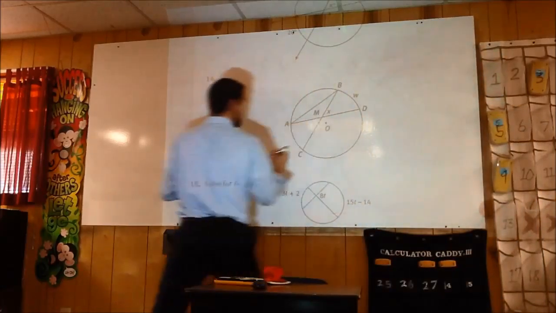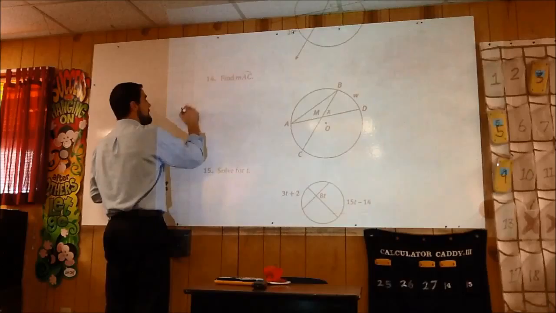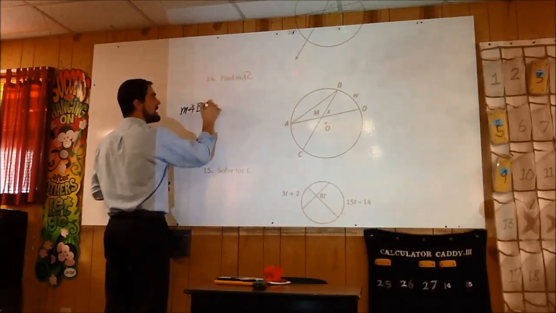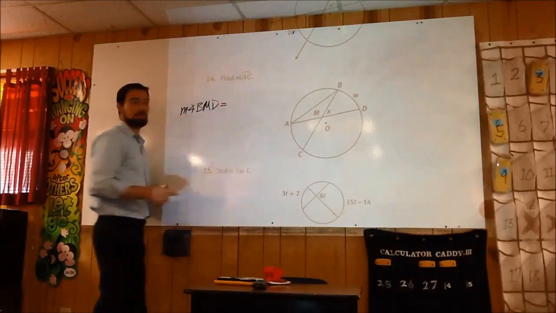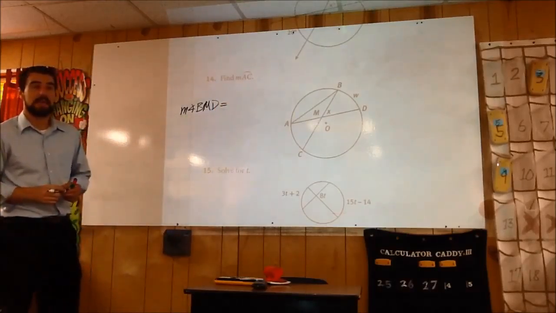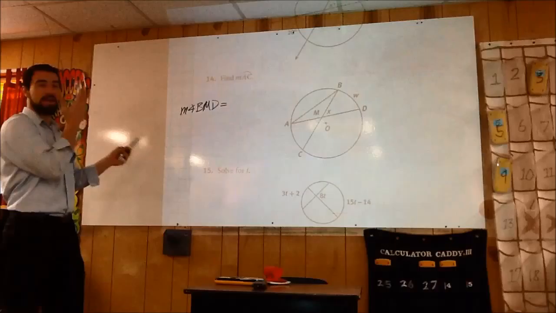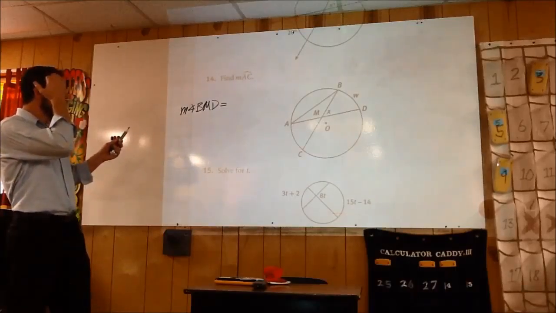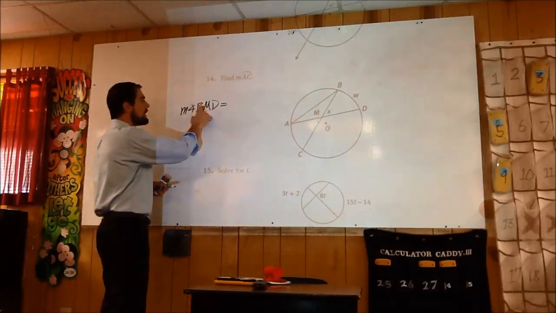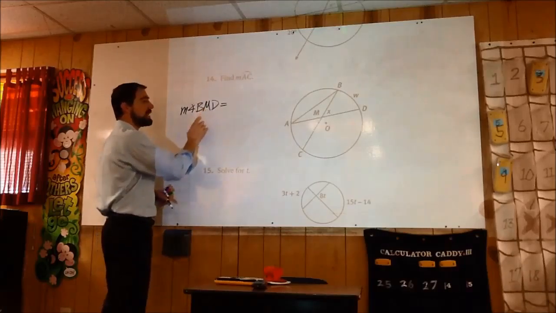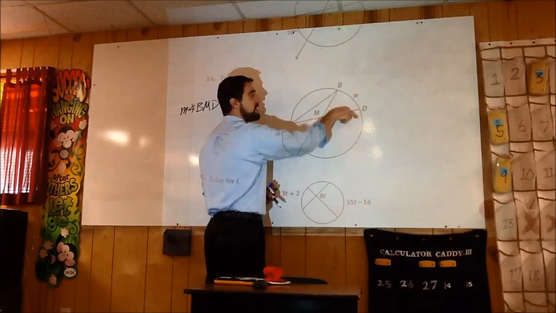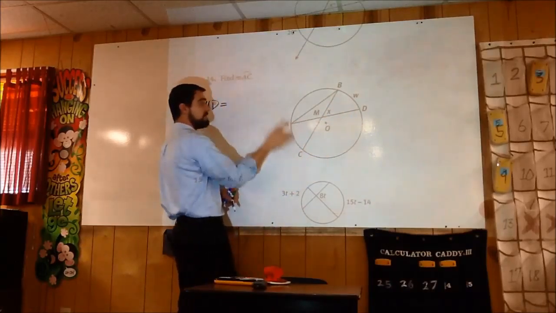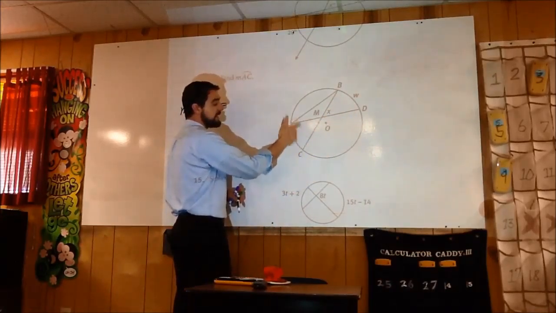So x is currently representing the measure of angle BMD. Well, what do we know about the measure of angle BMD? And we have to use this variable w, so that's arc BD, and we're solving for the measure of arc AC.